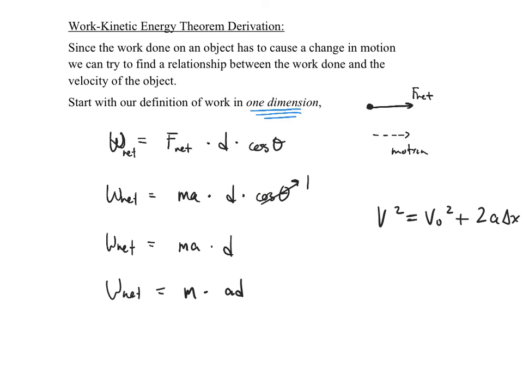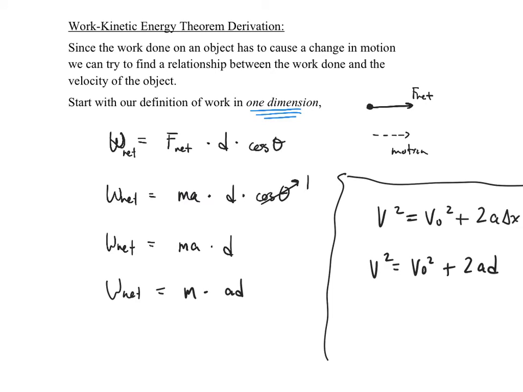So X and D are identical for this problem. So in this formula, I could say V squared equals V naught squared plus 2AD. I'm going to replace delta X with D. I'll get back over to the left-hand side in a moment. If that helps you, maybe do that on yours. We're doing a side note on the right here.